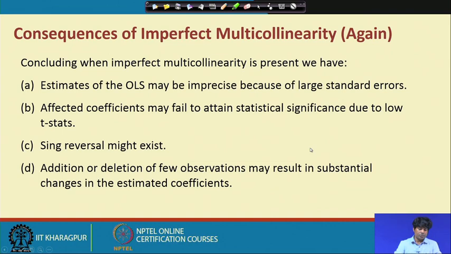As far as the consequence of imperfect multicollinearity is concerned, estimators will still be efficient and consistent. What we will try to do is bring a situation where the standard error or variance of these parameters will be very low. As a result, the statistical significance of the parameters will be accurate and consistent, and they will be statistically significant.